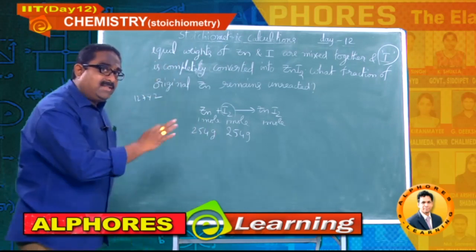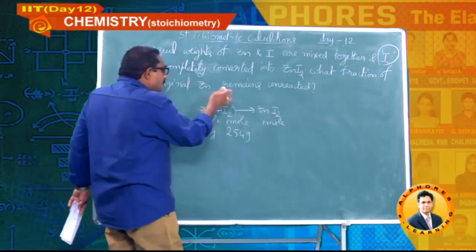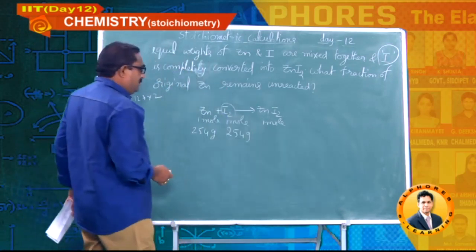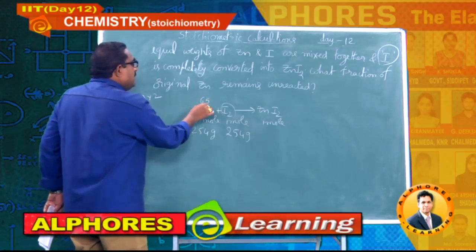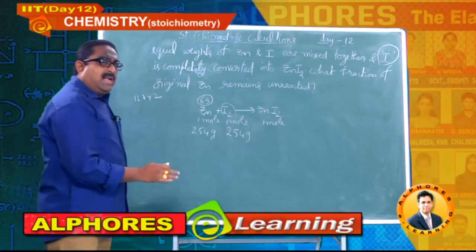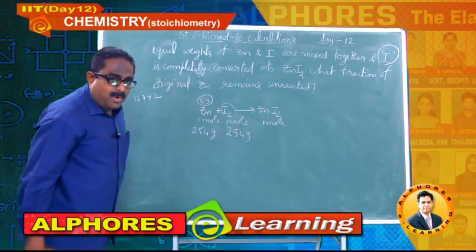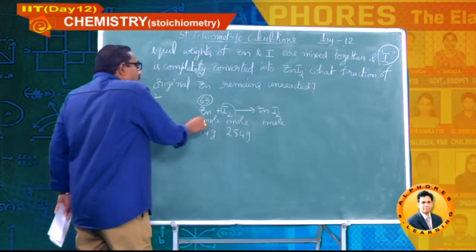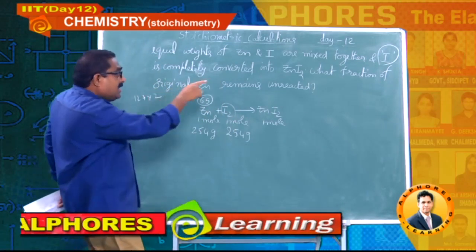Right? Let me check what will happen. 1 mole reacts only with 1 mole. What is the 1 mole mass? Zinc atomic mass, you can take it as 65.4, but for simple calculations I am going to take it as 65, no problem. So 1 mole reacts only with 1 mole, and he is saying iodine is completely converted.